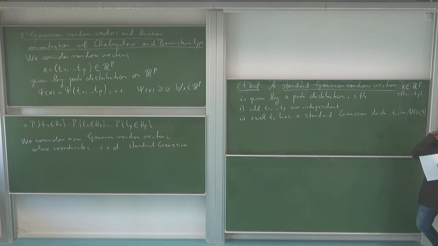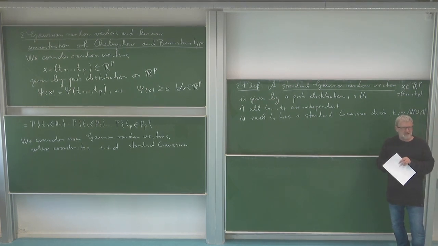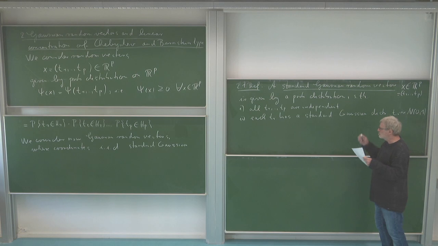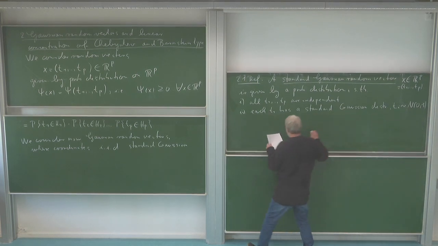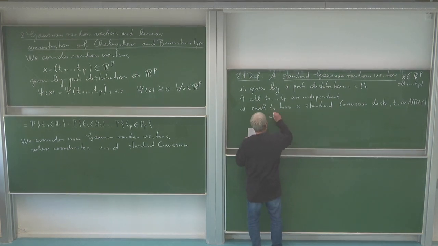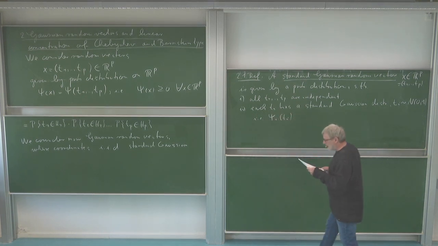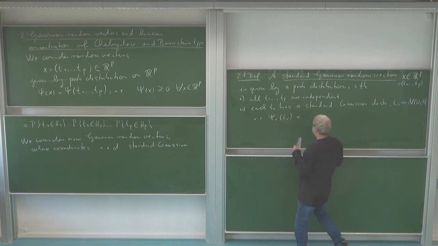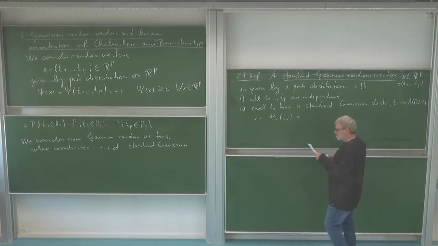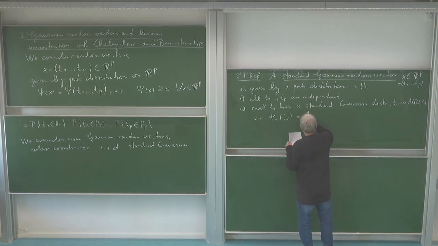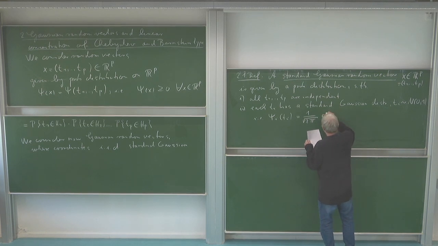And of course we can write down the density. That's what we did in the assignment, where you also calculate moments of this thing. So the density for the ith coordinate, psi of ti, is given just by this normal distribution, which is e to the minus t squared over 2, and then you have to normalize it by 1 over square root of 2 pi: 1 over square root of 2 pi times e to the minus ti squared divided by 2.